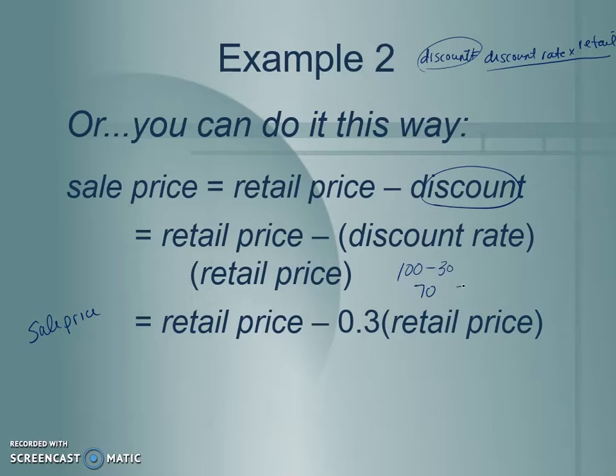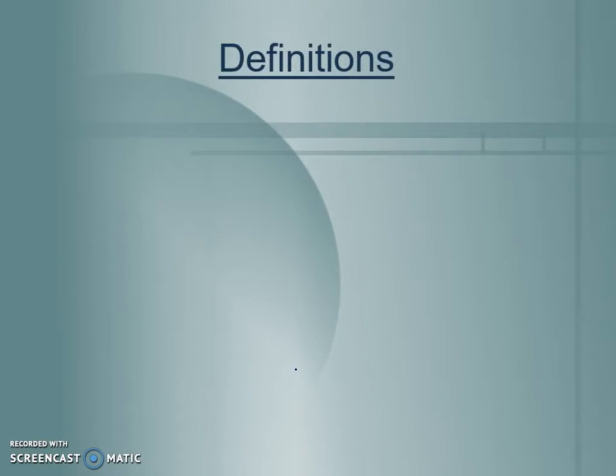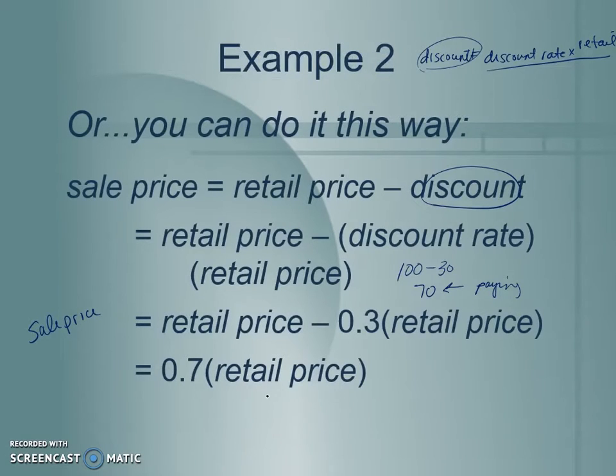It's 70%. This is the amount that I'm actually paying. So we can take 70% of the retail price, and we would get $122.50. So either way that makes more sense to you is perfectly acceptable.